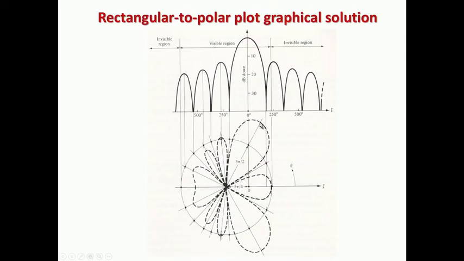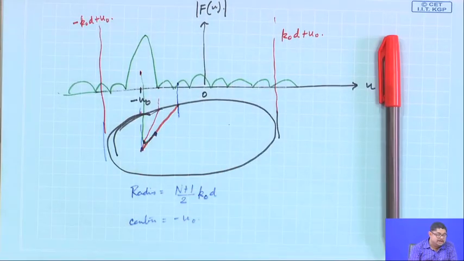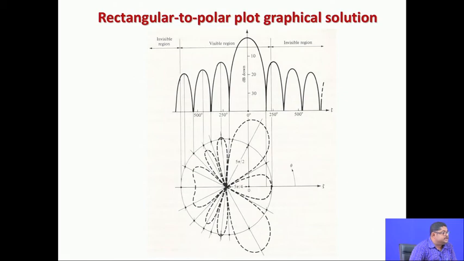Similarly, this point he has put here, but the value is actually here. So this point he has connected like this. Finally, this locus is the polar plot. This is the technique that should be used, because this transformation demands it. By that you get a physical insight into where the beam is.